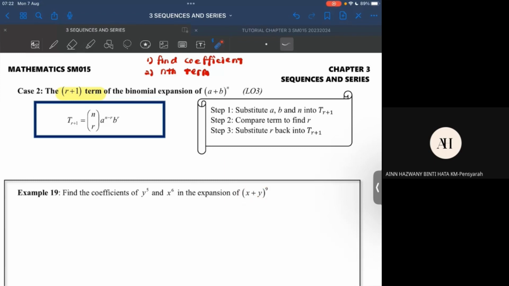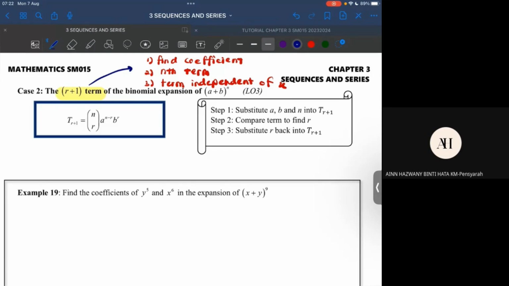Okay, buang masa. So kita terus cari T5 dekat situ. Okay, so itu cara kedua. Nombor 3 pula dia boleh tanya find the term independent of x. So apa term independent of x? Nanti kita tengok. Okay, so when to use R plus 1 term di ketiga-tiga kejadian tersebut.